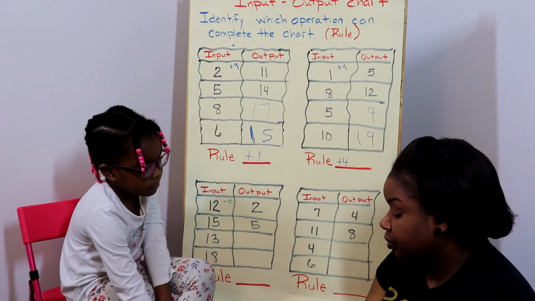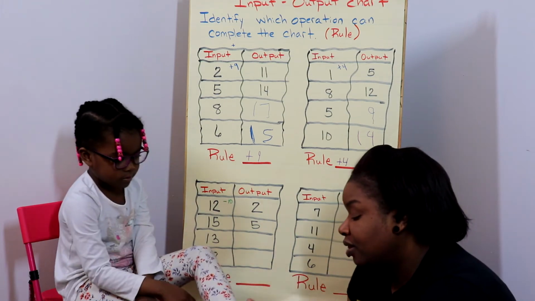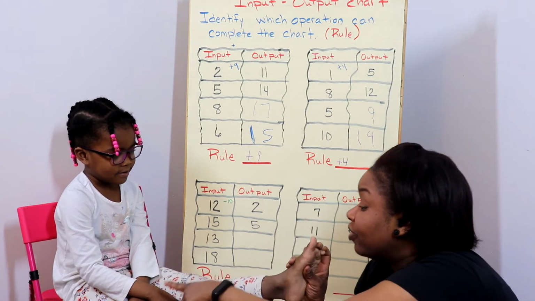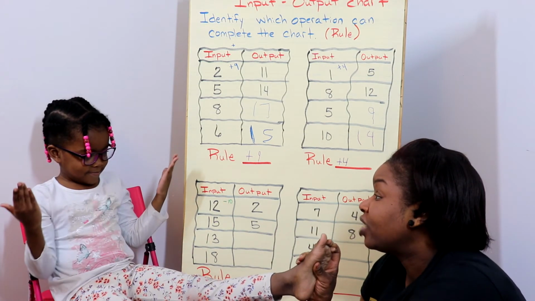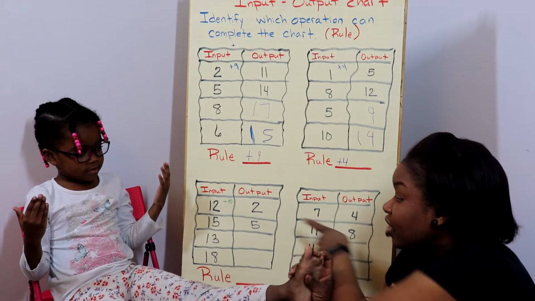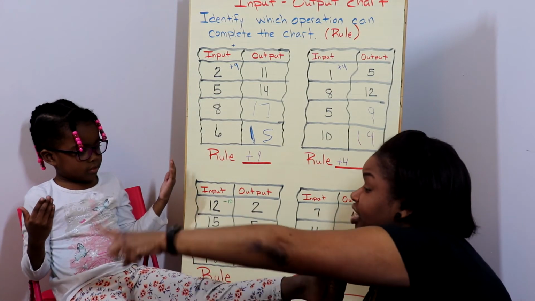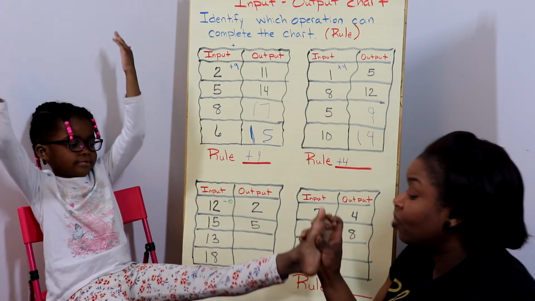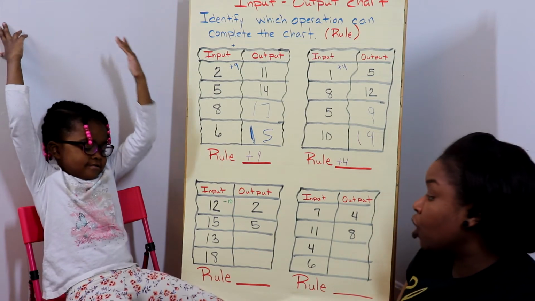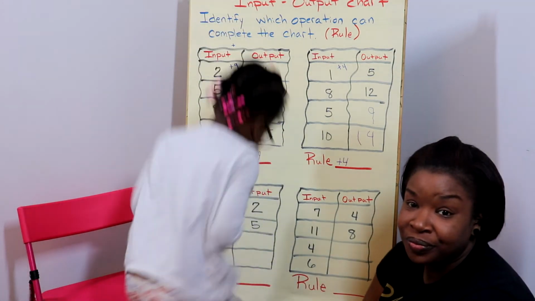You said I'm going to let her use her toes, and she wants to use her toes. This is your 13 right here. Hold your hands up. So that's your 10, 11, 12, 13, right? Now you have to take 10 away. Take your 10 away. So how many do you have left? 3. So put 3 there.